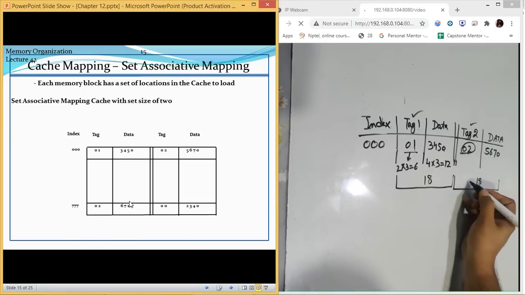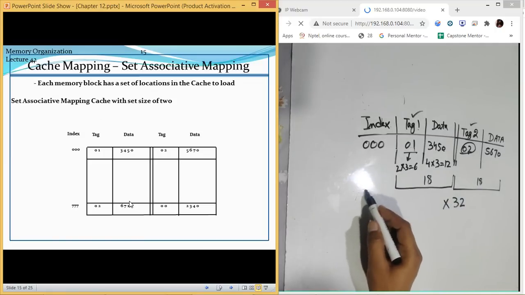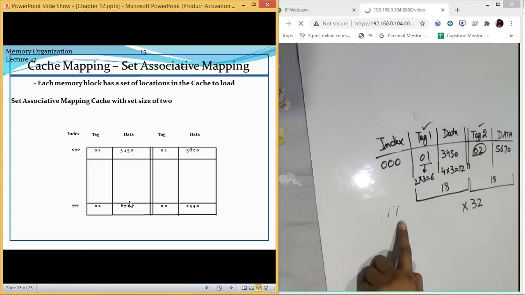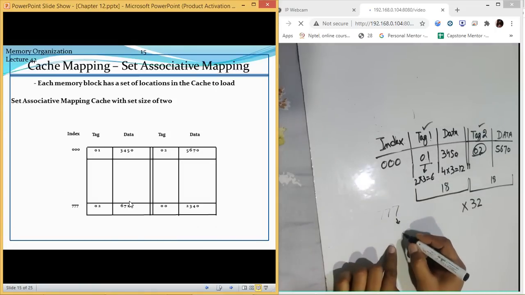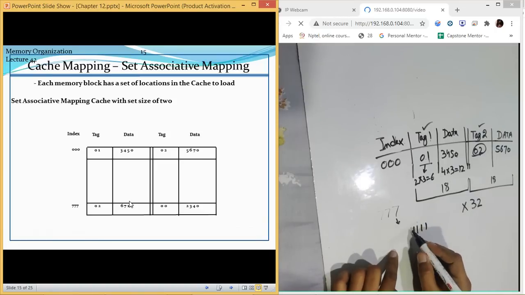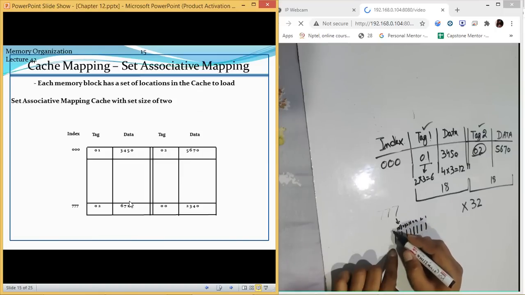So 18 plus 18 is 36, which means if we have the value 777, how many values is it actually representing? It means each digit is representing 3 bits, so 0 0 0, or you can say this will be 1 1 1 1 1 1 1 1 1. So all the 9 bits are 1. If all the 9 bits are 1, it is 1, 2, 4, 8, 16, 32, 64, 128, 256.